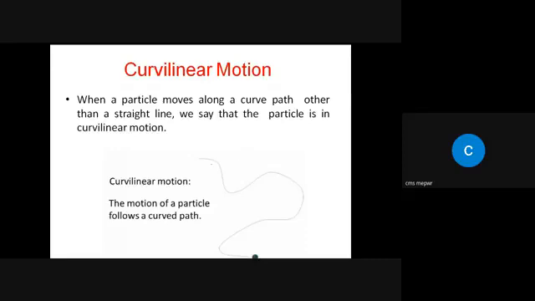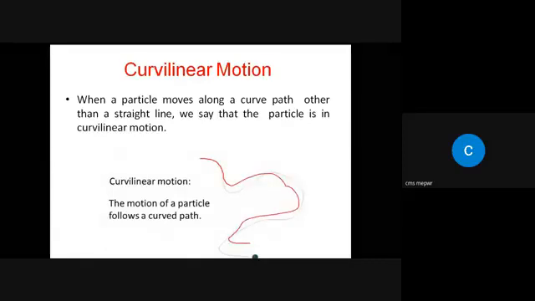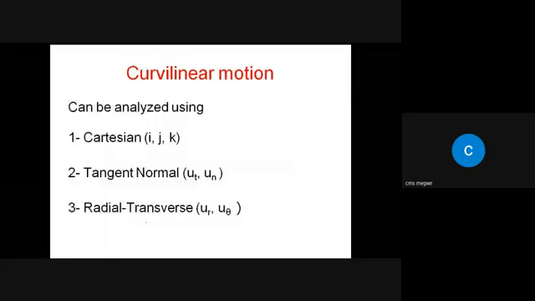So for example, if you look at this one, it is following some curve, which I have shown over here. It is not a straight line. So the motion of a particle that follows a curved path is known as curvilinear motion, right? Curvilinear motion can be analyzed by using the Cartesian coordinate system, the tangential normal coordinate system, and the radial and transverse coordinate system.